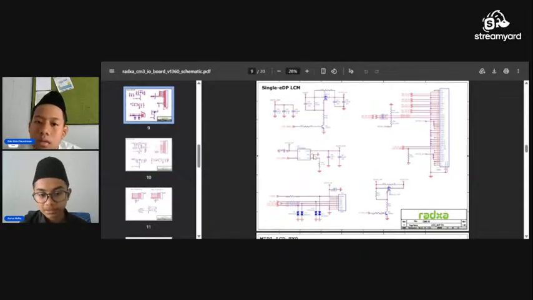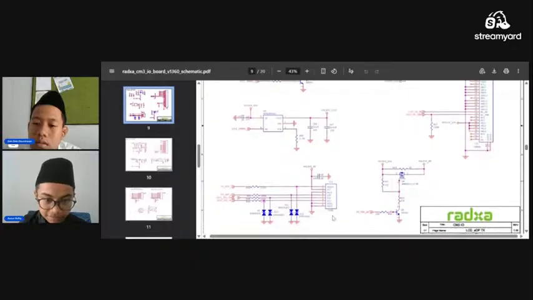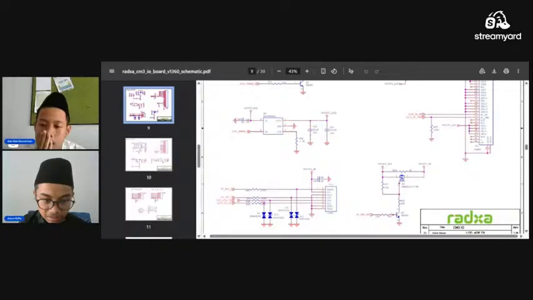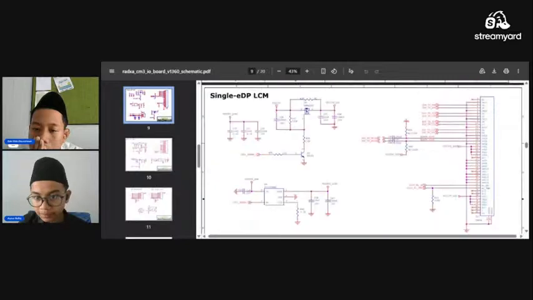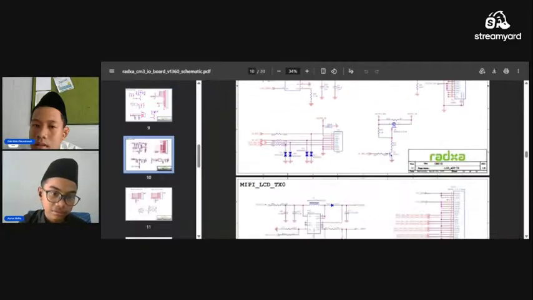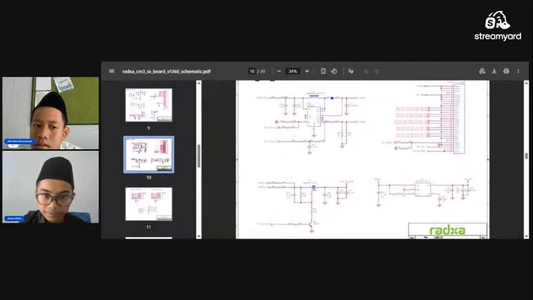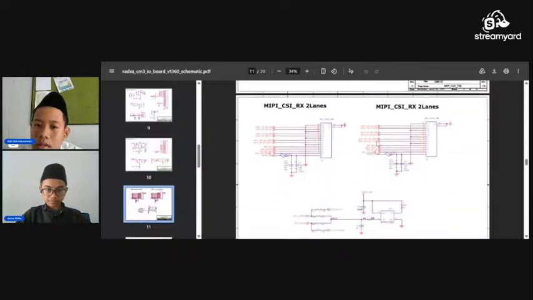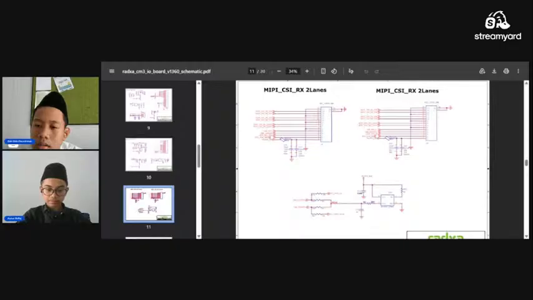So the eDP uses this kind of communication. There's also ESD for the component. They use maybe the same thing. And then there's the CSI.